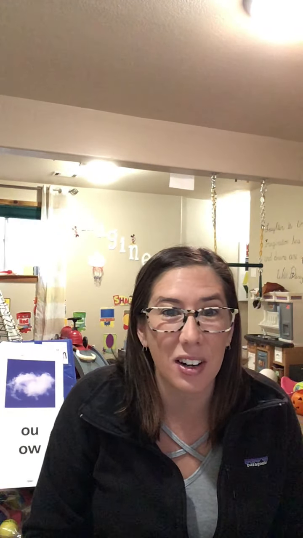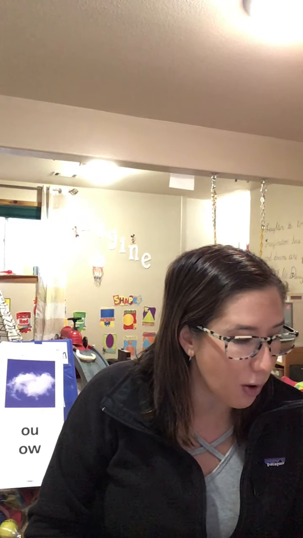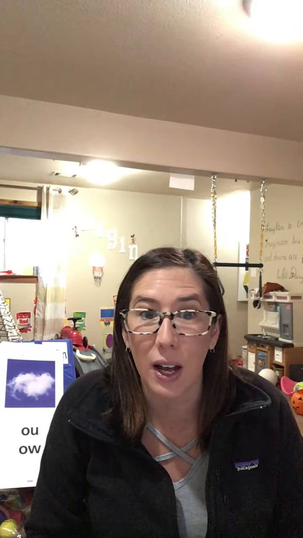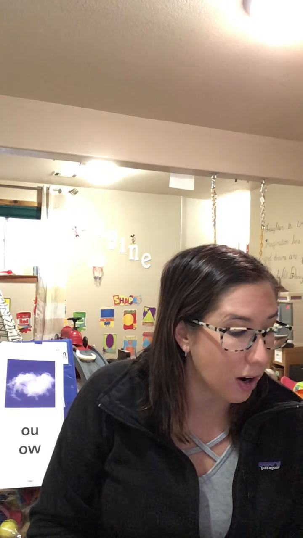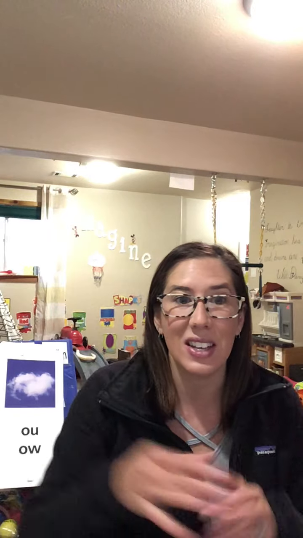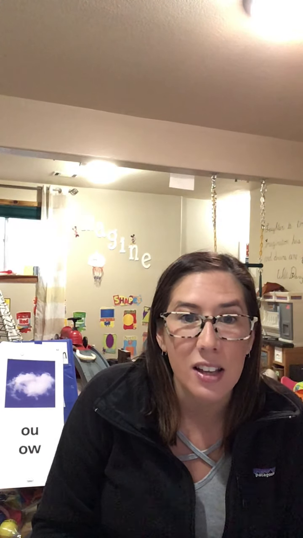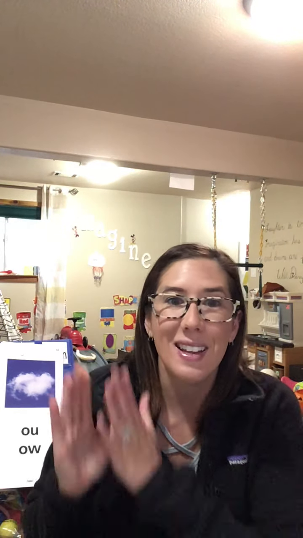Today we're going to start our literacy like we always do, with substituting vowel sounds. Our first word today is done. Done. We're going to change the u to ow.